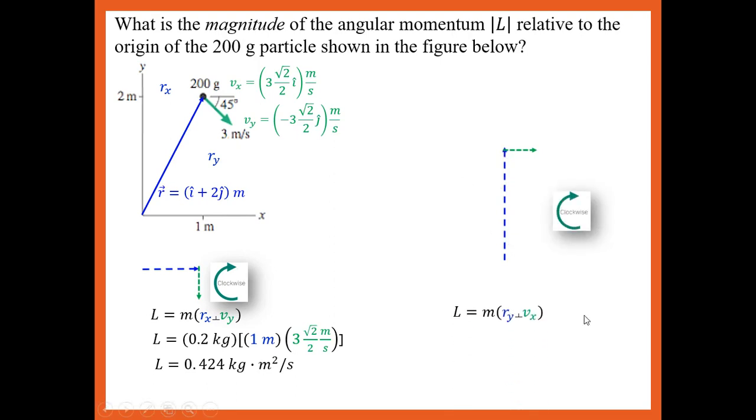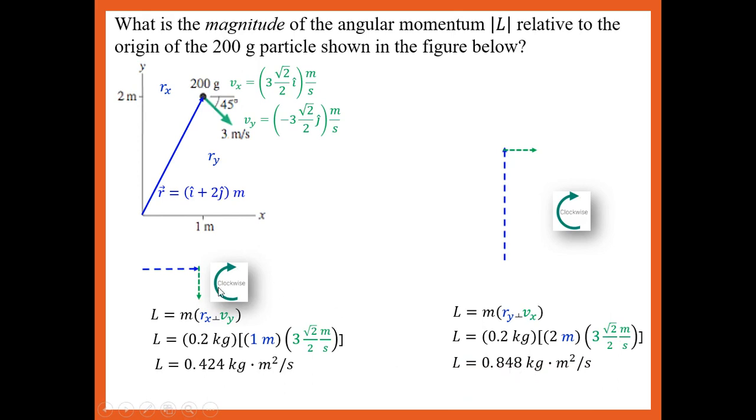Okay, so do the same process for this one, except the only difference is instead of Rx and Vy, we use Ry and Vx. So Ry is 2 from the diagram, and then Vx is the same as Vy because the angle for this one is 45 degrees. So I just carried everything down there for you, and calculator work will give you a product of 0.848.